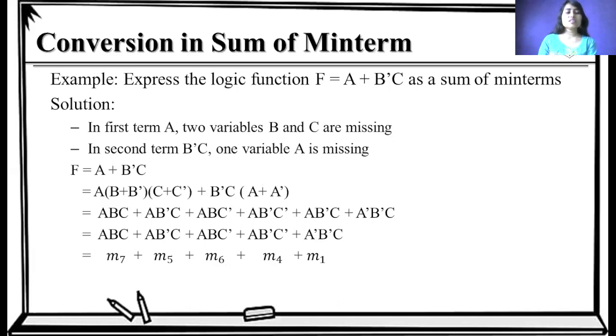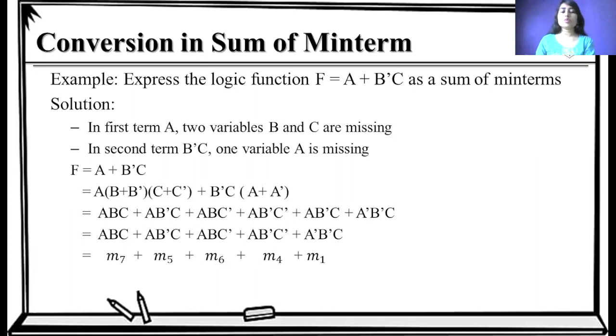Here AB'C means A and C are 1 and B' is 0, so basically we have 1, 0, 1. This 1, 0, 1 is represented as 5, so we can represent this term as M5. Then we have ABC'.